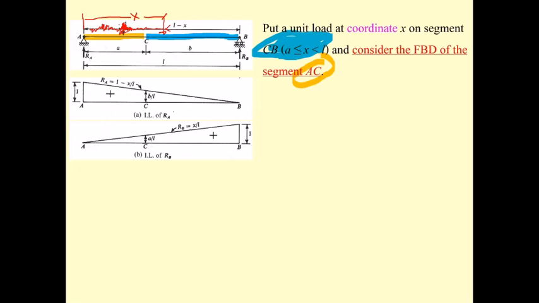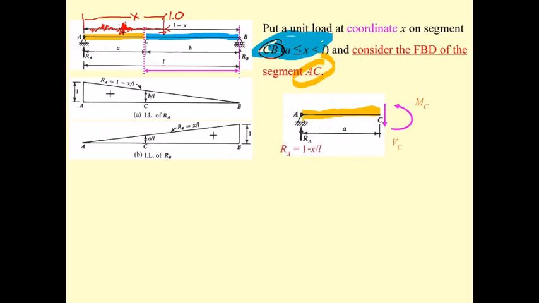Now the force moves from segment AC to segment CB, and now again we will use this portion, the yellow portion, to draw the free body diagram and find the shear and moments at C. So the R sub A is going to be 1 minus X over L, as we know before.